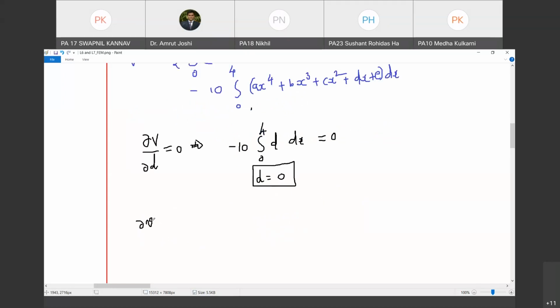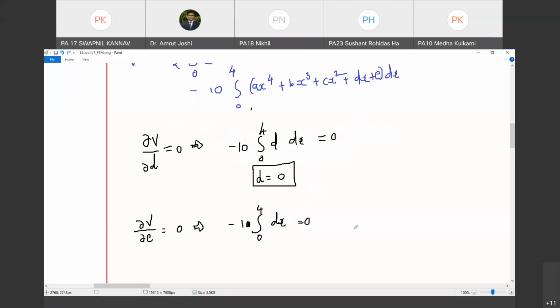Now let us look at dou V by dou E. Dou V by dou E. Again, first term doesn't contribute, and in second term, what I get is minus 10 into integration. Am I right?